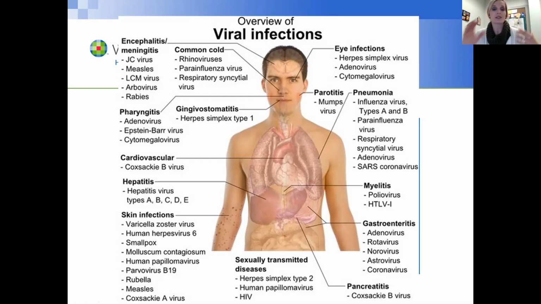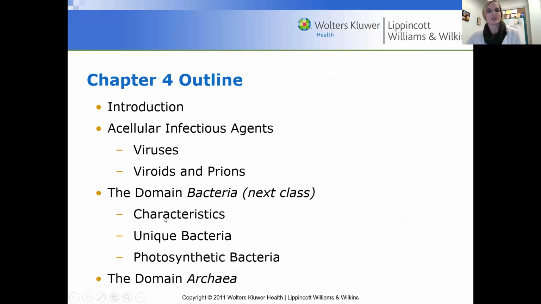So again, because of the great invention of vaccines, we're not seeing these viruses any longer. And hopefully, as scientists and doctors are constantly studying medicine, we're hoping we can eradicate more of these illnesses in the future. So just an overview of some of our viral infections there.